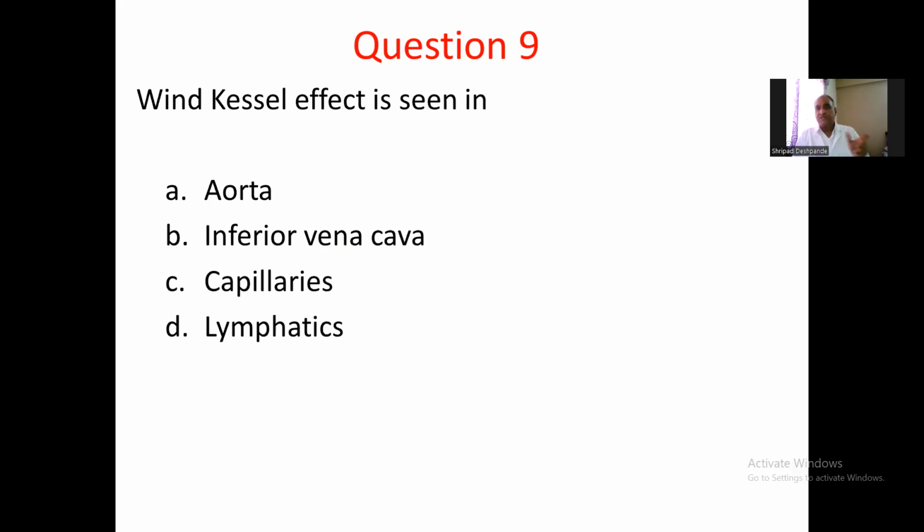So now this pump-like activity is seen in the great arteries like aorta. The remaining are not the arteries, that is inferior vena cava, capillaries, and lymphatics. They do not have that much of the muscle activity. So the correct answer is the aorta, where Windkessel effect is seen.